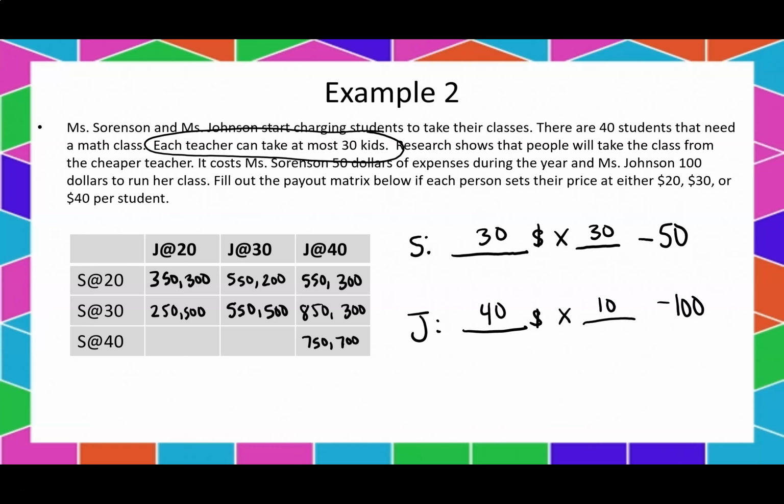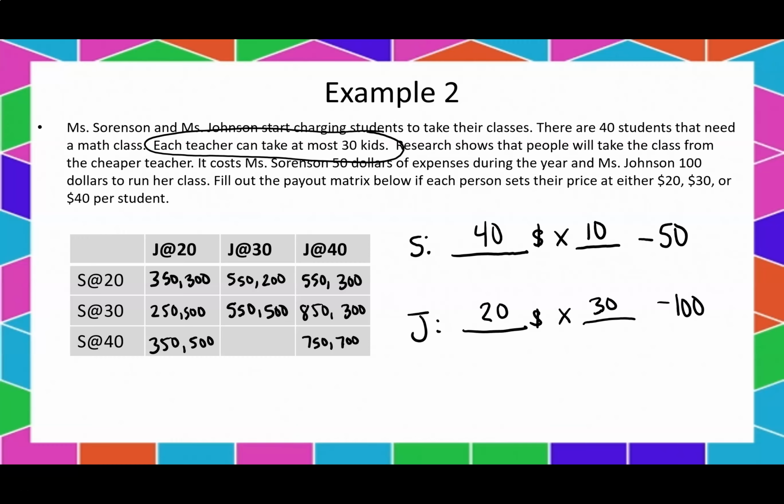All right, let's do this one right here. Miss Johnson's going to be at $20, Miss Sorensen's going to be at $40. And since Miss Sorensen's expensive, she's only going to have 10 students, and Miss Johnson's going to have the 30. So doing that math, we're left with $350, $500.